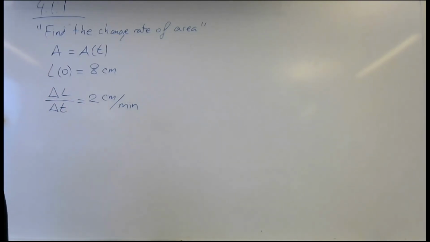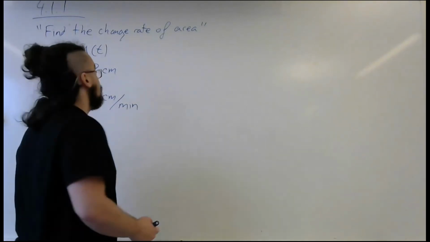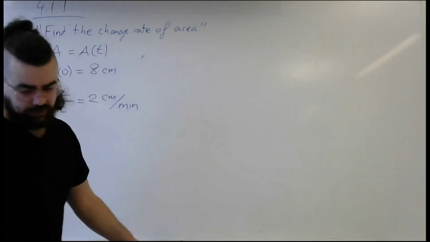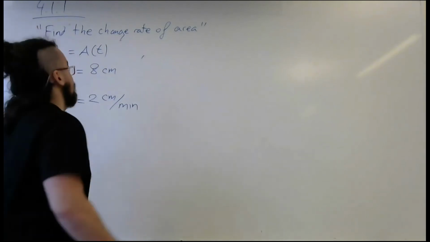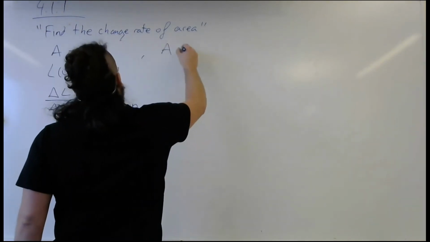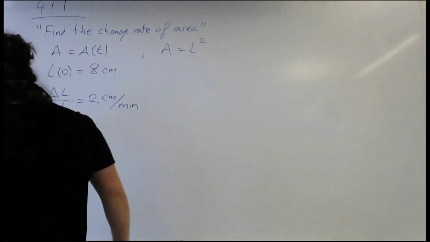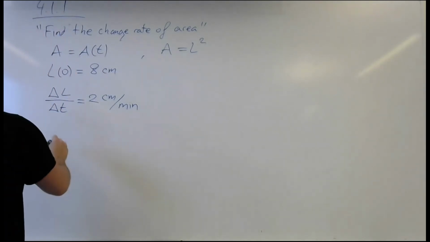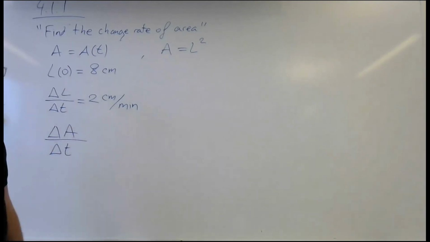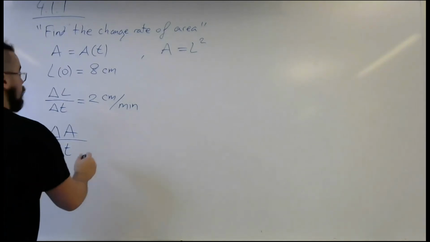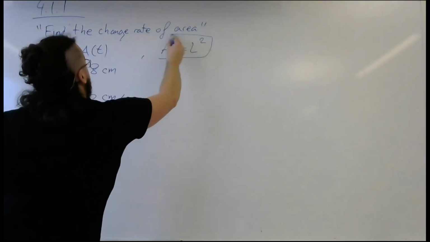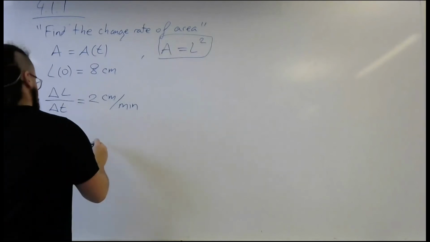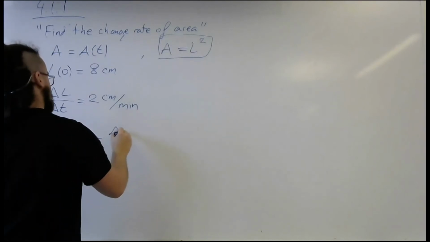And now I'm going to give you an additional piece of data that I probably shouldn't, but it's important to solve the problem. The area is the side squared. What we want to find in this problem is the variation of area with respect to time. So let's replace this thing here.